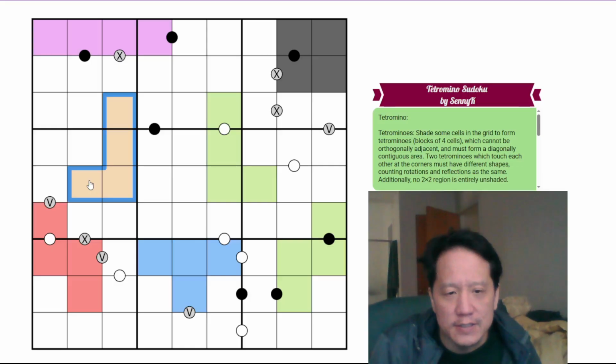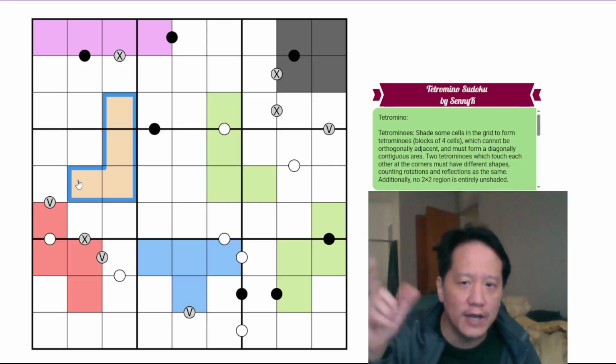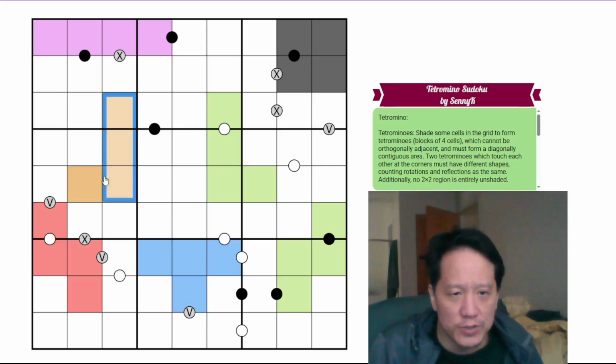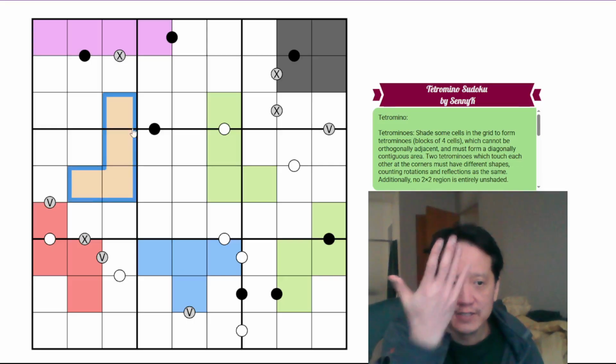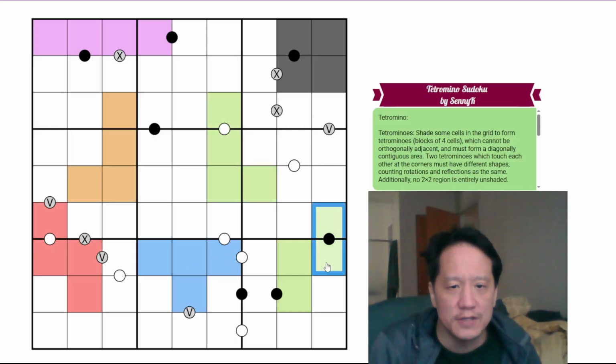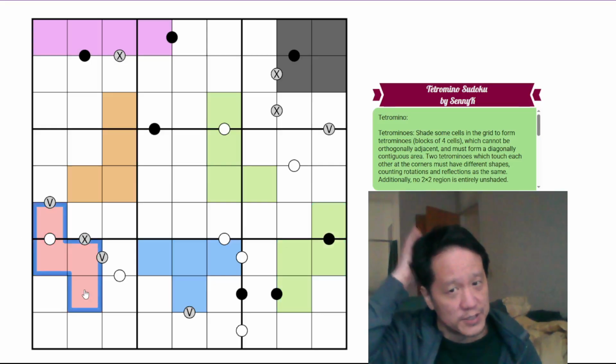But it's actually less than that. The L and the J are considered the same because we count rotations and reflections as the same. So this is the same because you can reflect it and it will be exactly the same as the L. This Z is the same as the N because if you reflect it, that will be the same.